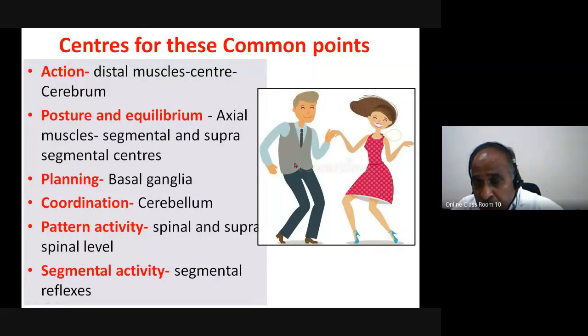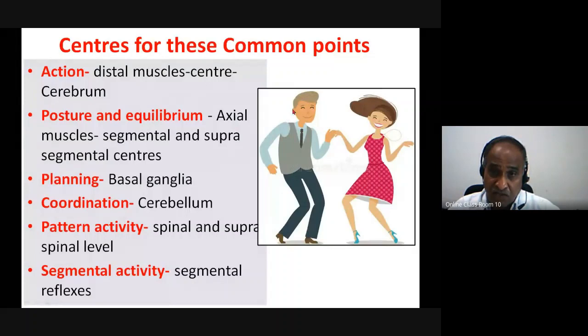Now, these two couple are dancing. See, look at that dancing. This dancing requires planning, even as a solo or as a joint. In a dual or joint dancing like this, there would be a planning of these two individual thoughts. Planning of the individual sequence of movements for dancing.